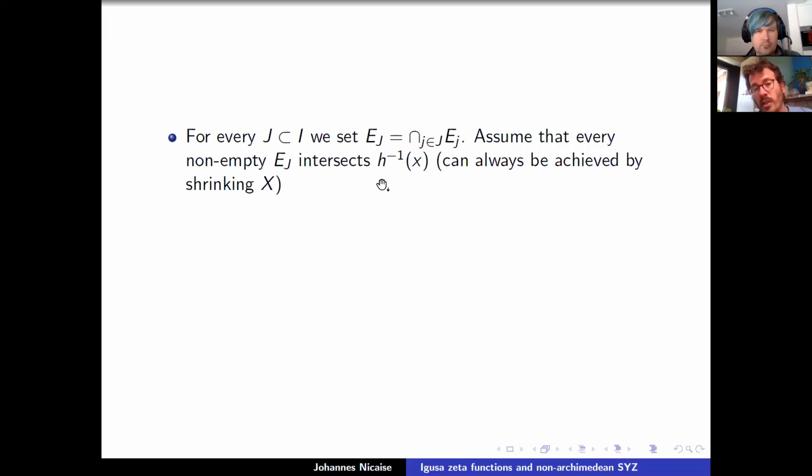So when E_J does not intersect h^{-1}(x), then the image of E_J under h will be a closed subset of X which does not contain the point x. And so we can just remove this closed subset from X to reduce to this situation. So this is a condition that we build in, reflecting the fact that we're really proving a local statement on X.